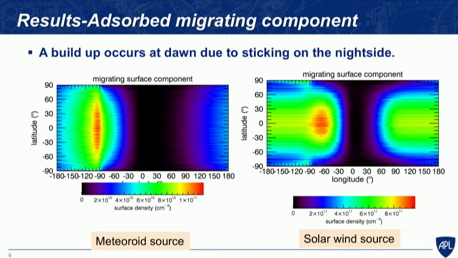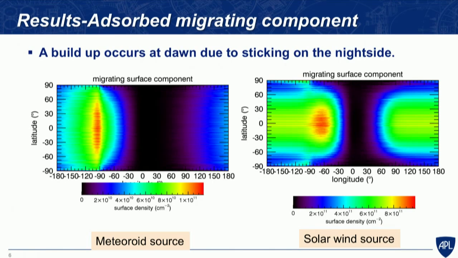So here are two different models. This one's using the meteoroid source, and this one over here is using the solar wind source, showing the particles that are on the surface but are still available to migrate. You can see from these maps, where 0 is noon and minus 90 is the dawn terminator and plus 90 is the evening terminator, that in both of these models you get a significant buildup on the dawn side.